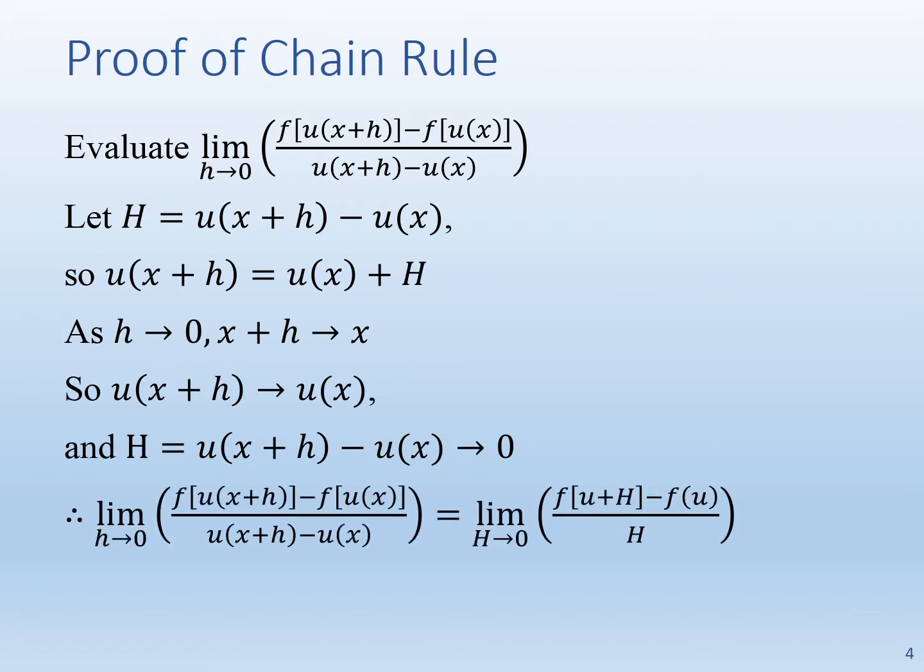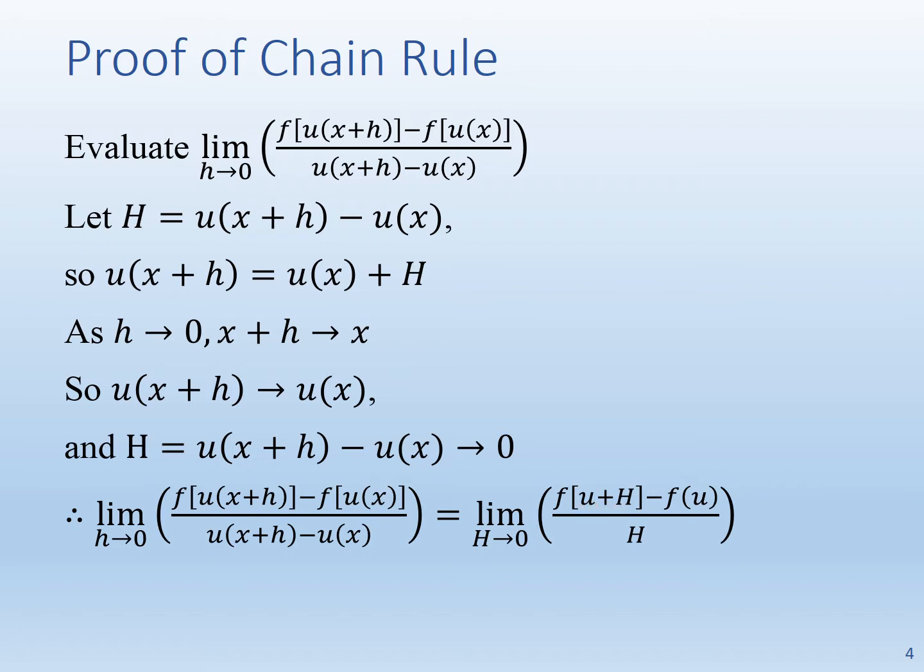And so we can rewrite that original limit in terms of our capital H here. And so firstly we'll see that the denominator is of course just that capital H, because that's how we designed it. And the u of x plus h we can replace now with the u plus H. And I've dropped the of x there, I've just written it as u instead of u of x.